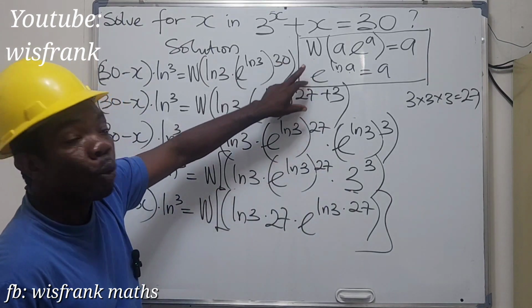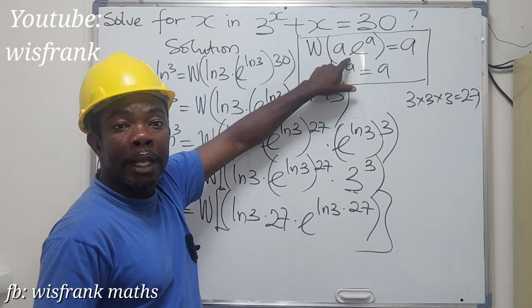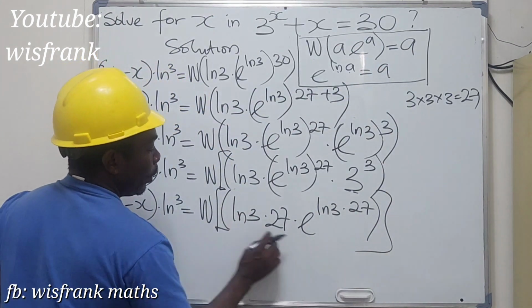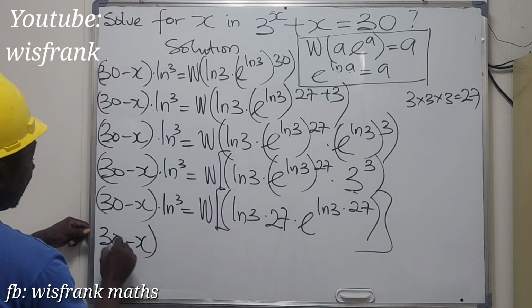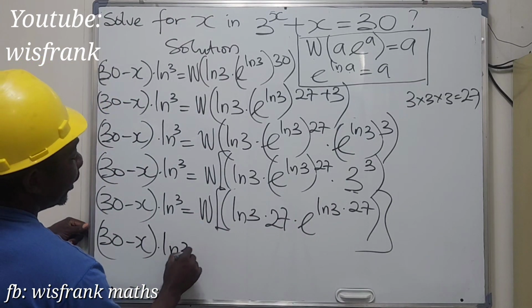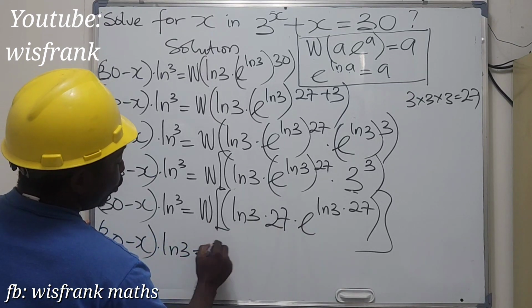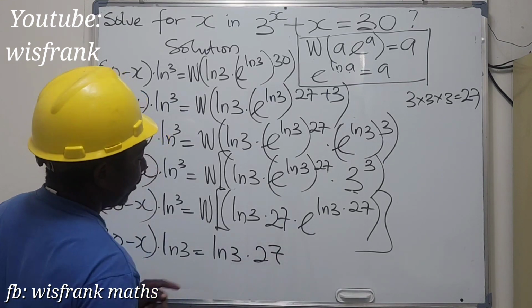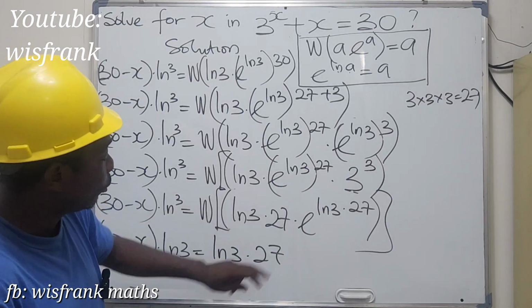We recall that before we apply the Lambert W function, it must be a times e to the power of a, which will give us a. So now we can evaluate this, and it will give us ln of 3 times 27.